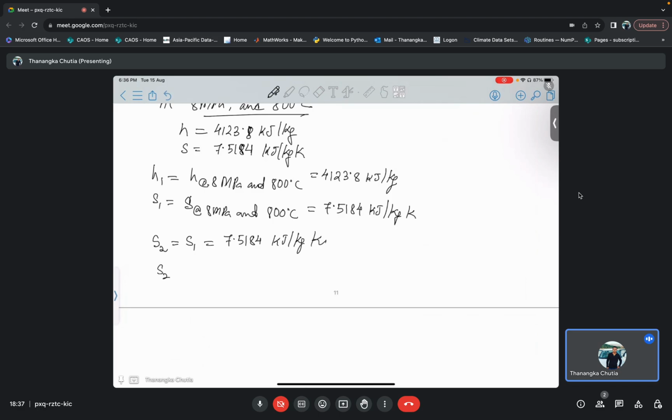Also S2 can be written as Sf at 0.016 megapascal plus X2 times Sg at 0.016 megapascal minus Sf at 0.016 megapascal.